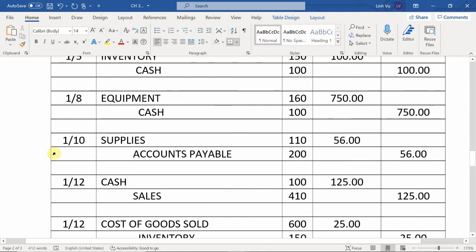How did I pay for my supplies? When I originally bought it, $56. What did my scenario say? What did I purchase my supplies on?